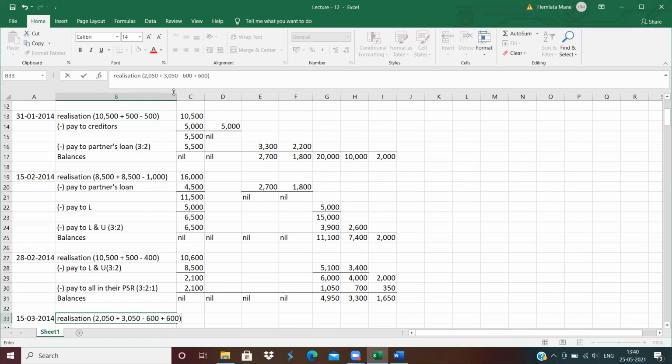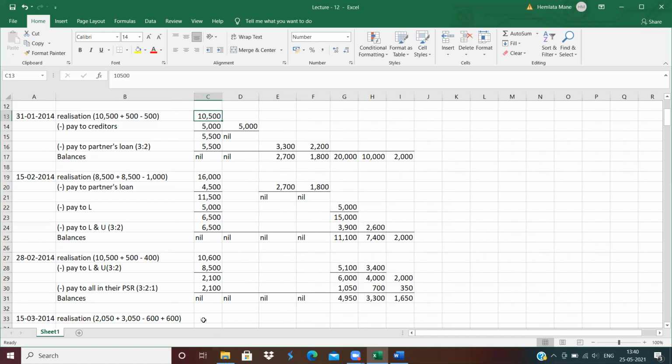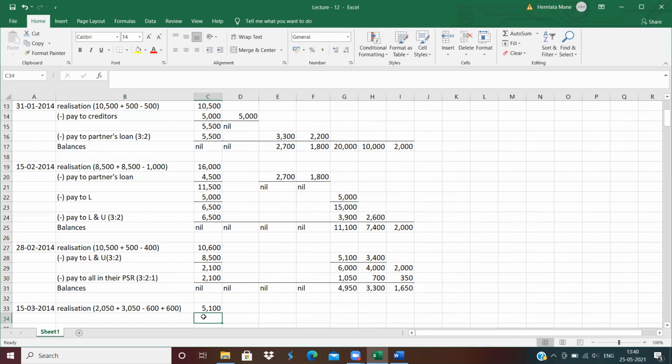So now how much will be the capital balance? 2,050 plus 3,050 is 6,000, minus 600 plus 600. Then the capital balance will be 5,100. Now distribute this amount in the profit sharing ratio.